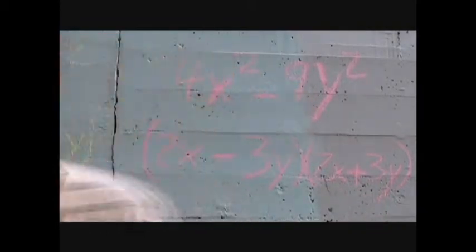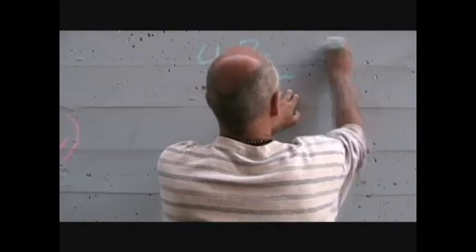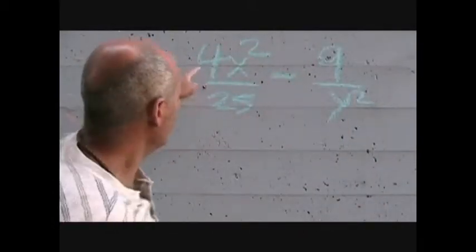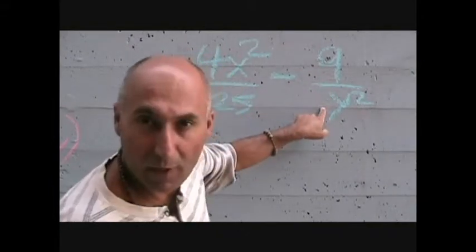More. We did straight up numbers, straight up variables, variable and number. So let's do fractions. Fractions work the same way. We have 4x squared divided by 25 minus 9 divided by y squared.